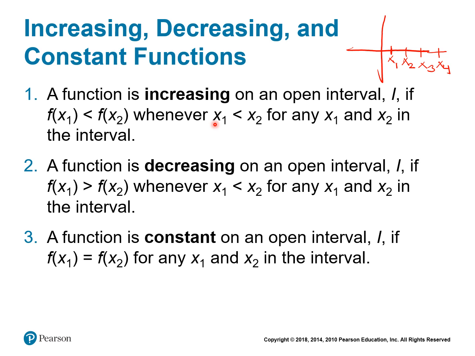So what this says is, when x sub 1 is less than x sub 2, then the corresponding y value for x sub 1 is also less than the corresponding y value for x sub 2. So what that would imply is that, I'm trying to get my pen here, so bear with me.